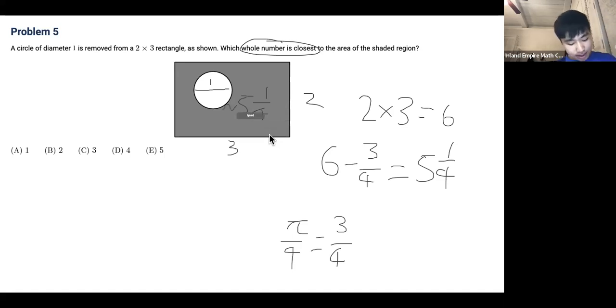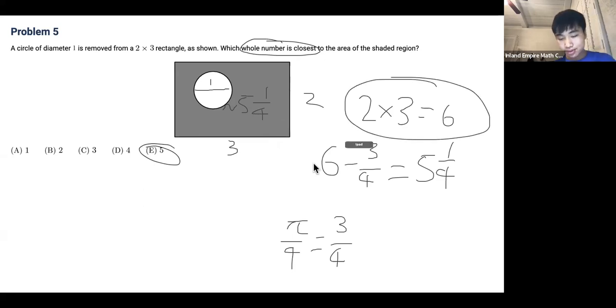And what that means is that, well, which whole number is closest to a bit less than 5¼? Of course, it's going to be 5. So the answer to this question would in fact be 5, since we started by finding the area of the rectangle.